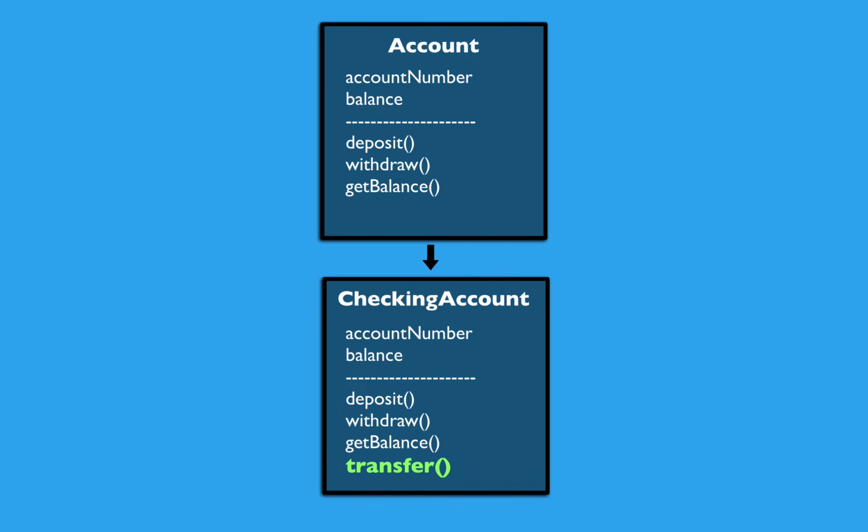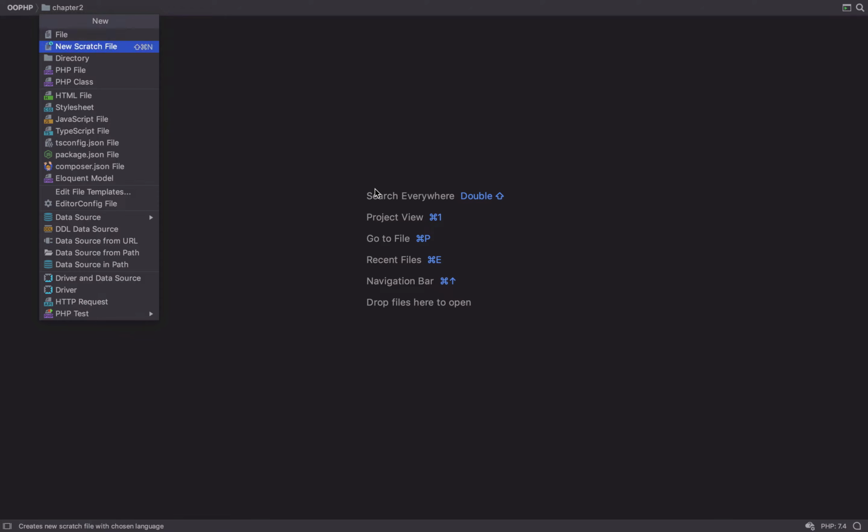For example, it can have a transfer method, which might be something which is unique to a checking account. Other accounts might not have this functionality. So by doing this, we're saying that it will inherit all the base features of the parent, but it can also have little characteristics, properties and methods which also make it unique.